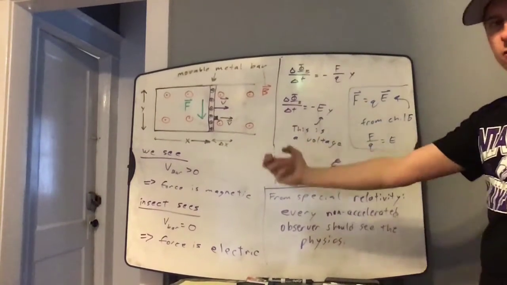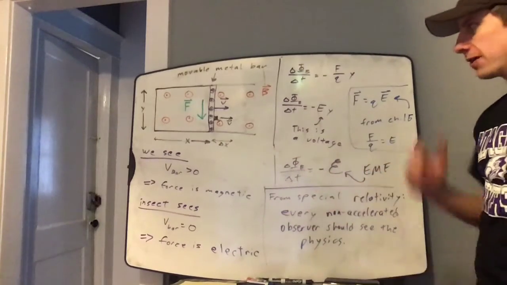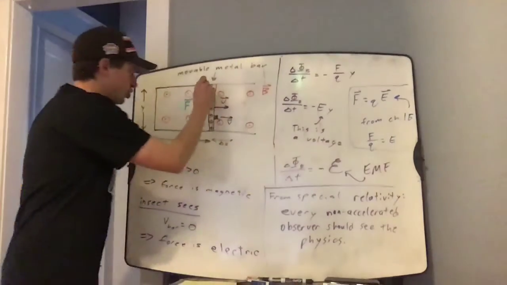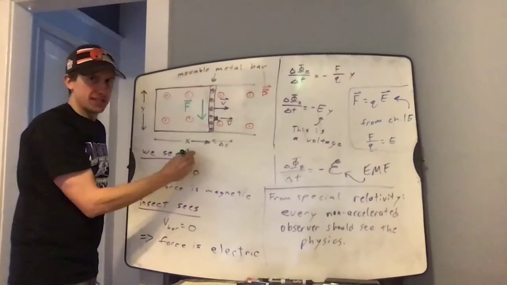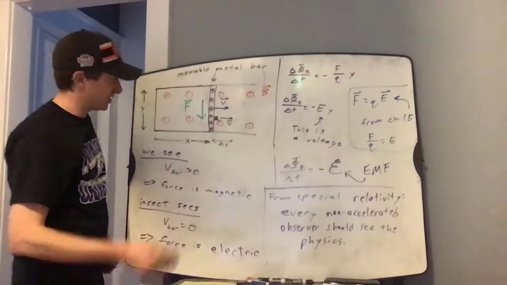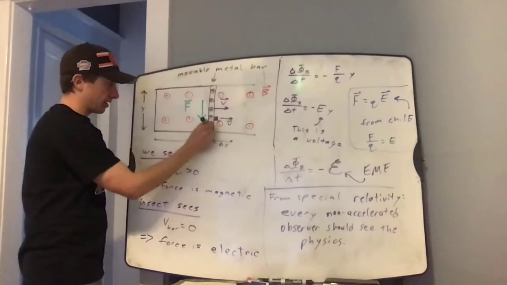So we are not an accelerated observer. We are standing here watching the bar move, and we see the charges being pushed downward. And we would say, okay, after the bar has traveled this distance, a charge that was up here went down to here.